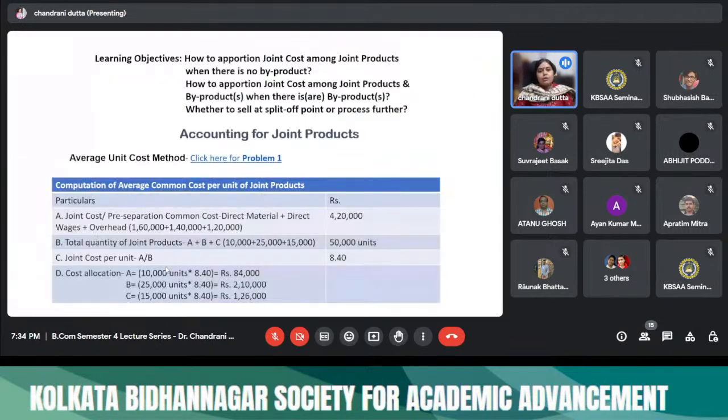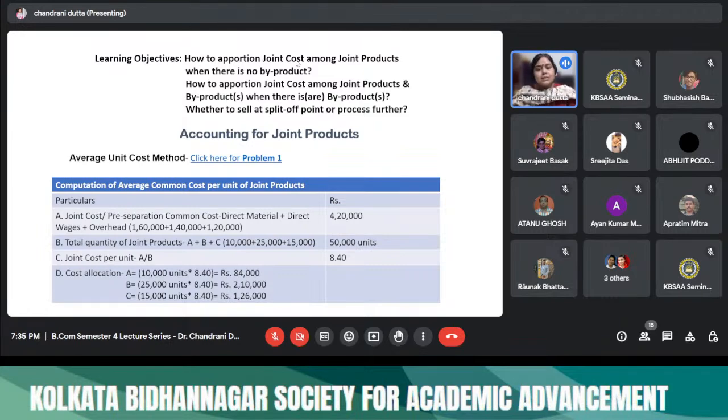Okay, so if you see the learning objectives, here we will learn to apportion the joint cost among the joint products when there is no byproduct. First thing is we are learning the apportionment or the distribution of the joint cost. Okay, why? Because it's a common cost and you need to find out the share of this common cost of different joint products.